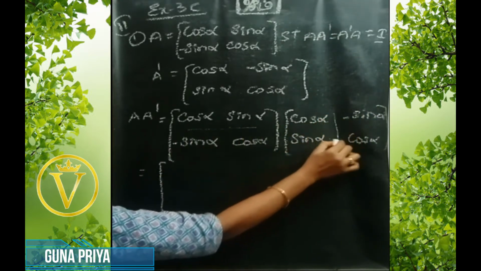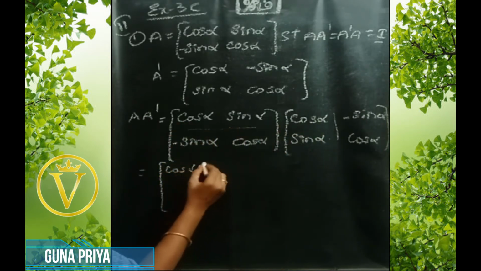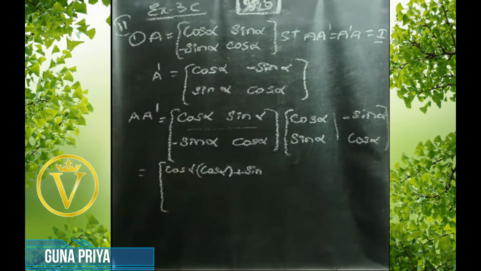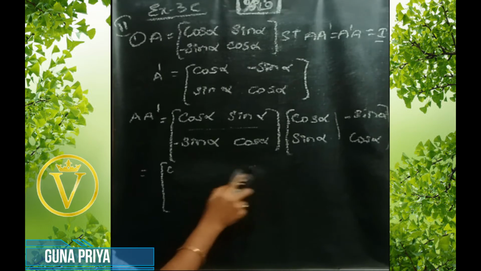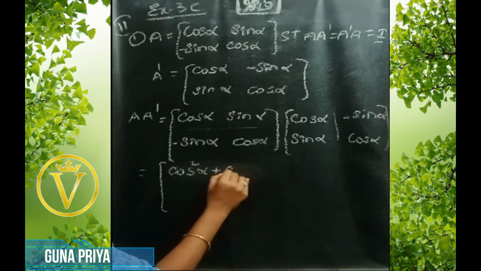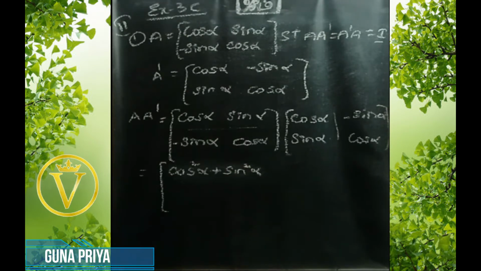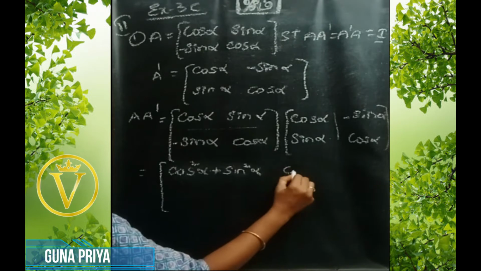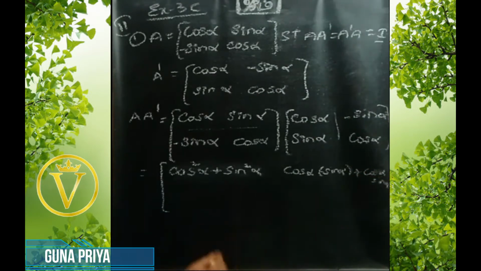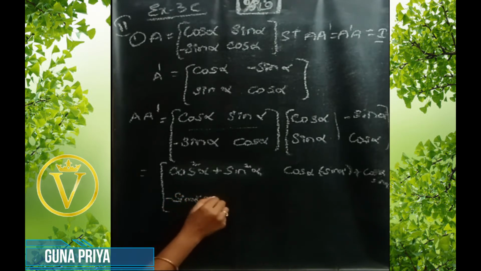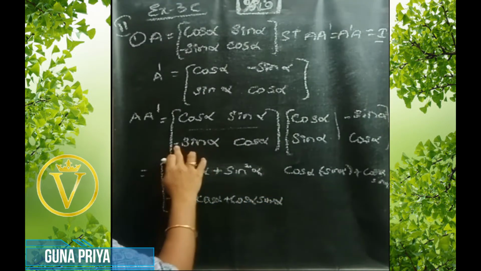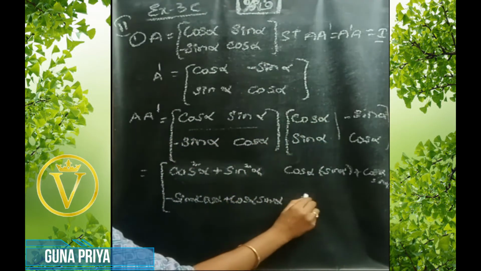Now row and column. Cos alpha into cos alpha is cos square alpha, plus sin alpha into sin alpha, sin square alpha.